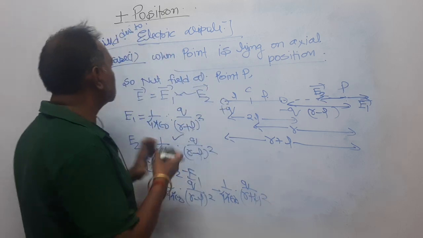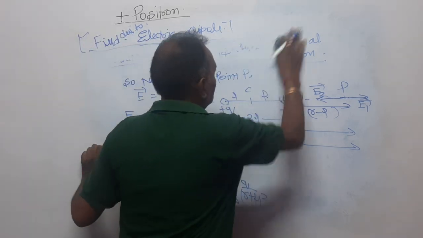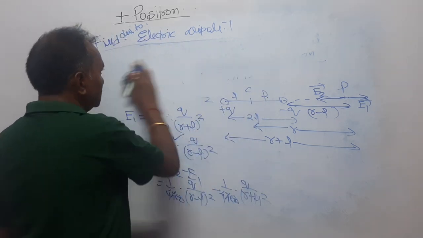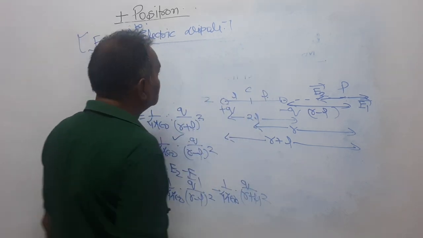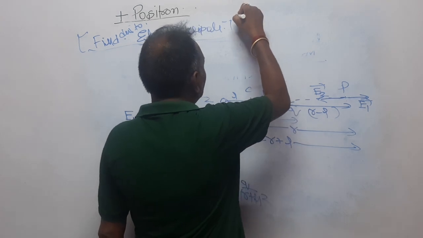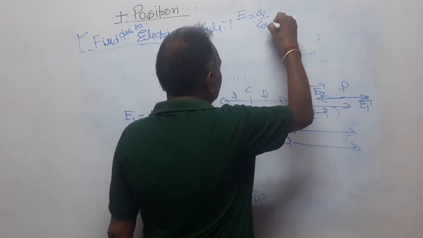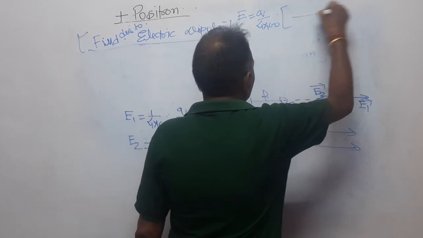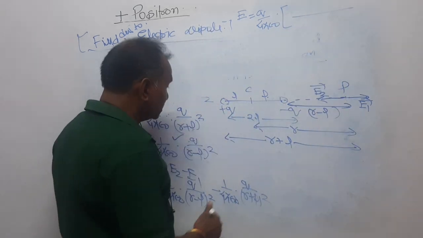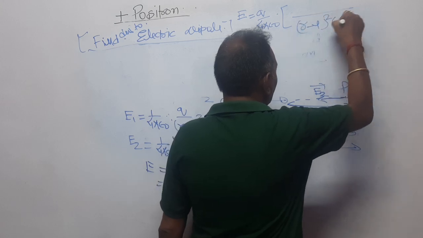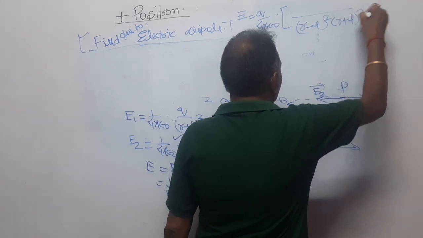Now, dear students, I am just writing down here. So E is equal to, now look here, Q upon 4 pi epsilon naught I'm taking out. So you will be left with R minus L whole square into R plus L whole square.